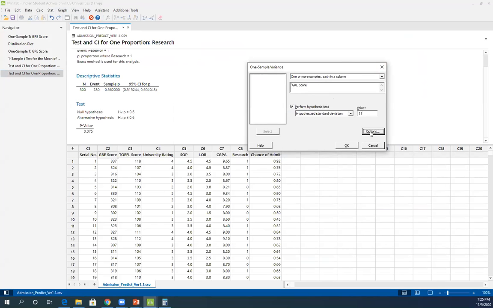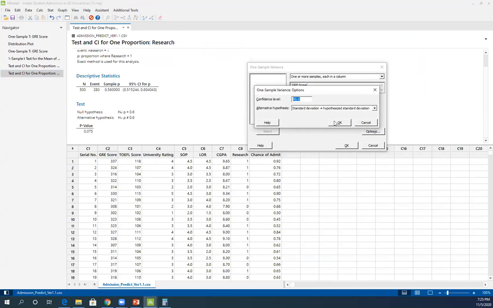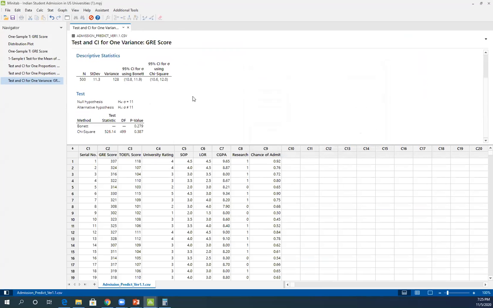I have 95% confidence. Let's see. P-value is 38%. Chi-square, so it is more than 5%. That means, yes, that is correct. Null hypothesis is accepted because the P-value is higher than the significance level.